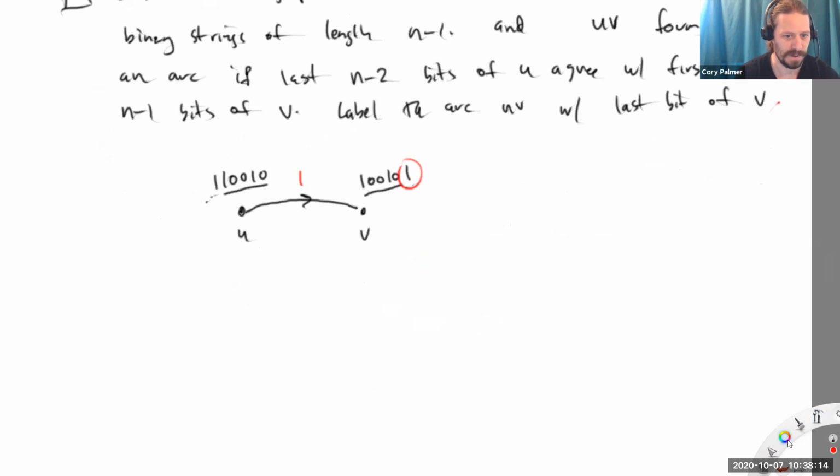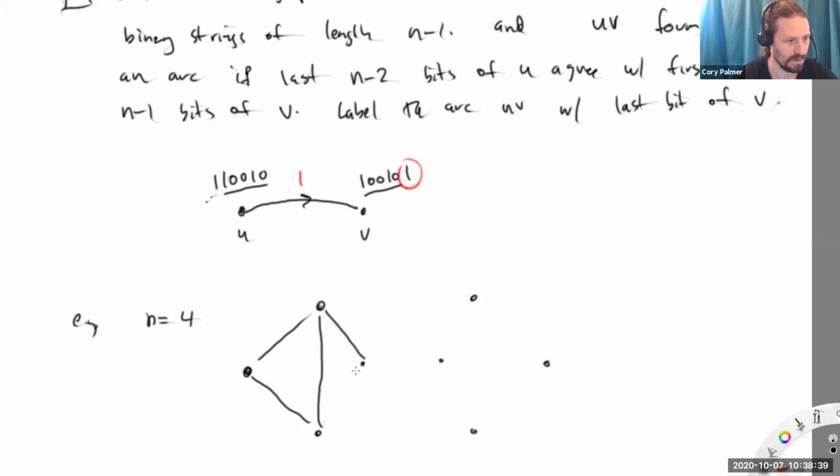When n equals 4, then the vertices are all length 3 binary strings. And a particularly nice drawing of this graph looks as follows. I'll label everything in a moment. Once we label it, we can fill in the rest on our own.